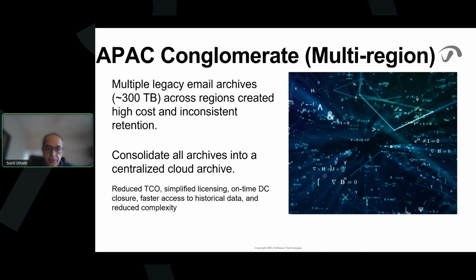Faster access to historical data, and totally simplified. So, reduced complexity. This is another real story of massive savings. The saving is not articulated here, but you can do your math, right? The cost of DC, the licensing, the overall TCO reduction, in my estimate, would easily be 30 to 40% or more.